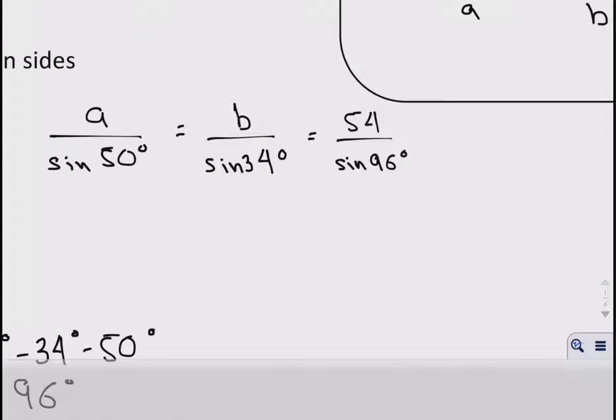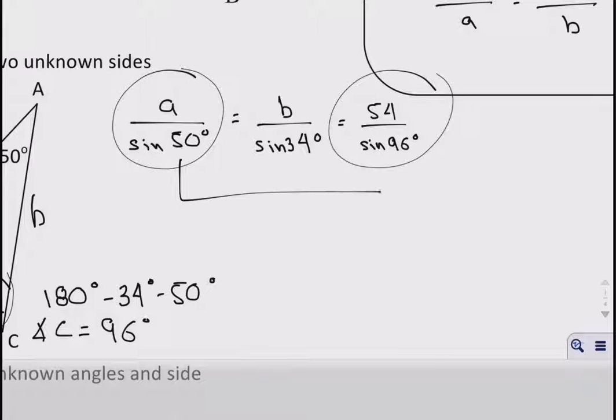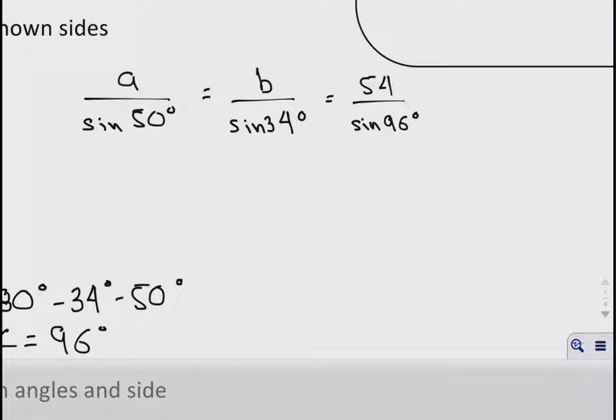Now I have to pick two fractions, and I'm going to start off by choosing the first and the last. Make them equal to each other and solve for A. So I have A over sine of 50 degrees equals 54 over sine of 96 degrees.